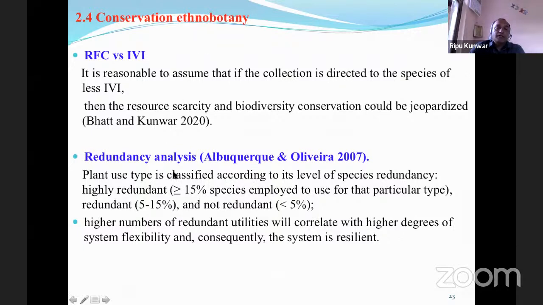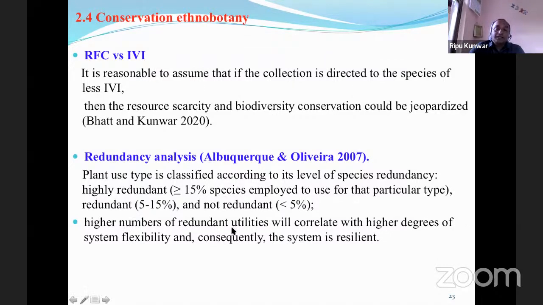Even according to Albuquerque and Oliveira, we can analyze redundancy, the percentage of species used for a particular use. If quite a high number of plants are used for a particular use or for a particular area, we could say that that area or use type is highly flexible, or that system is resilient.